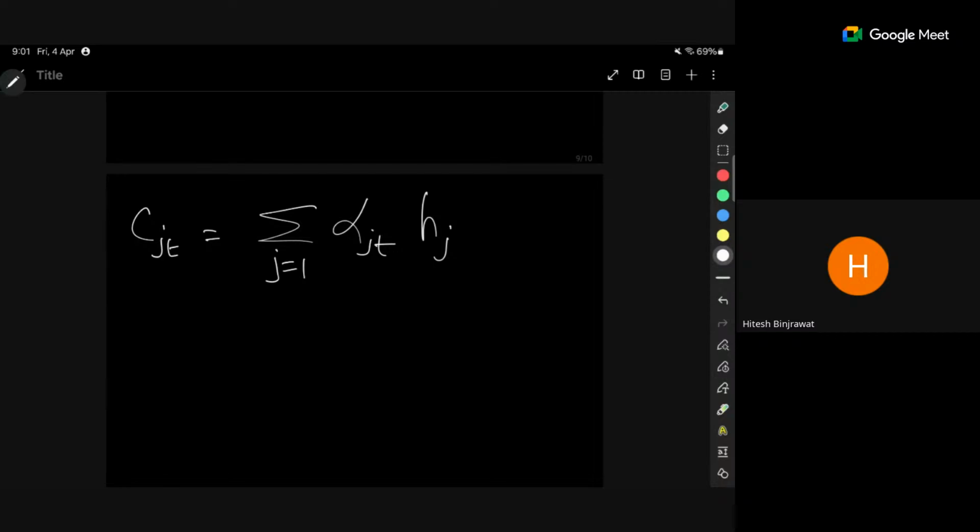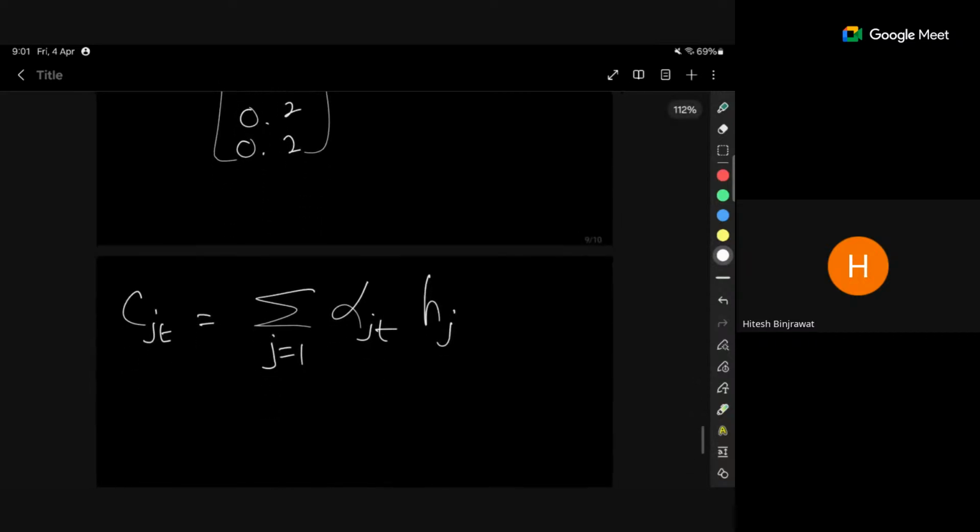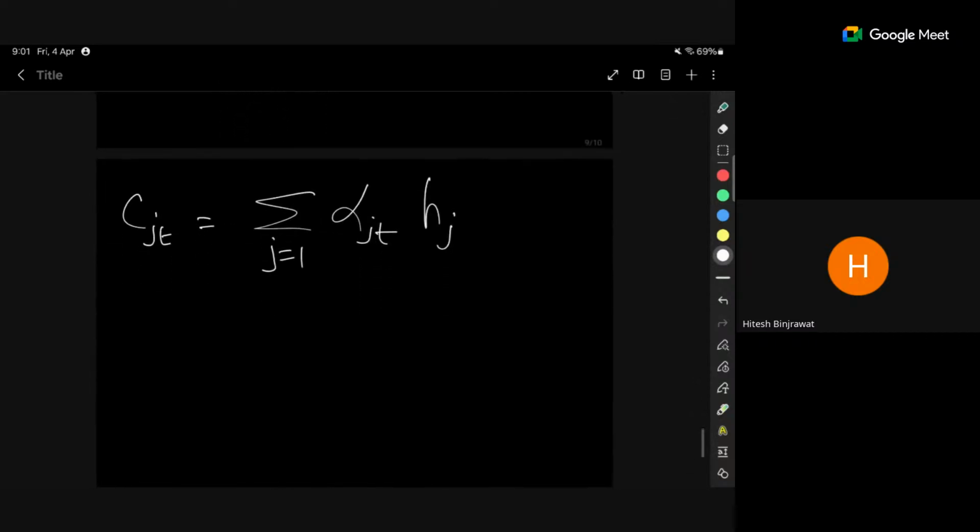So what do you think the shape of CJT will be? A vector, a matrix, or something like that?